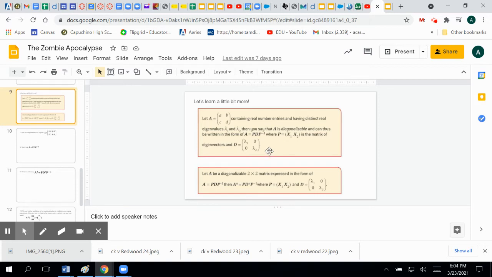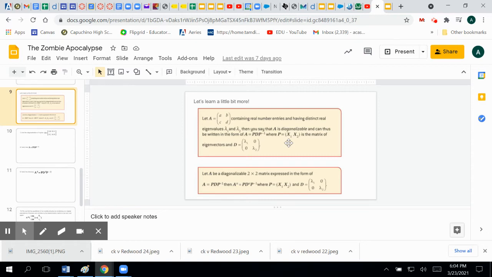And notice the order is really important here. See how it says eigenvector 1, x sub 1, and x sub 2? X sub 1 is the first eigenvector. So my first eigenvector I found was 1, negative 1. And the second eigenvector I found was 1, 2.